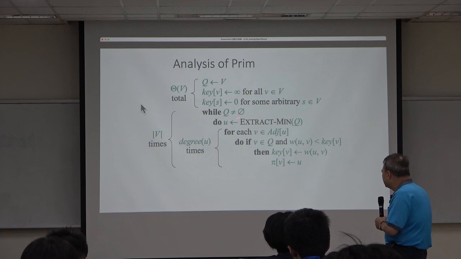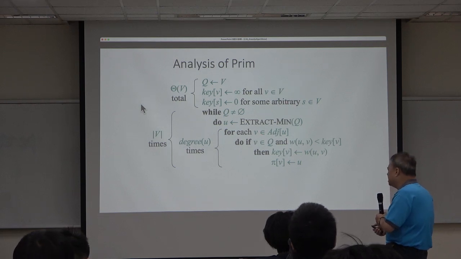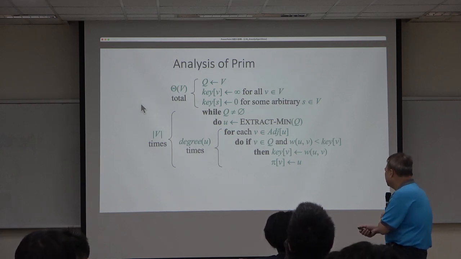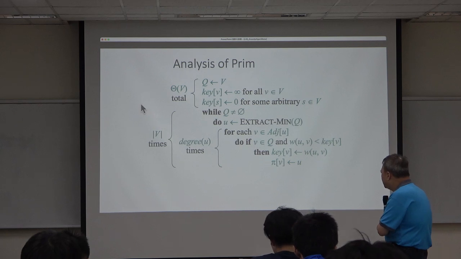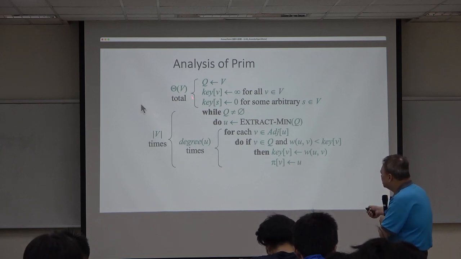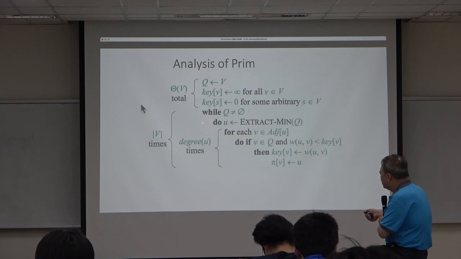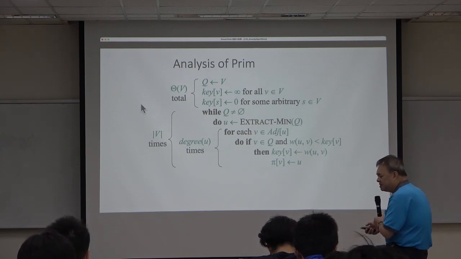So this for loop is proportional to the degree of u. If you count this separately, it is expensive.